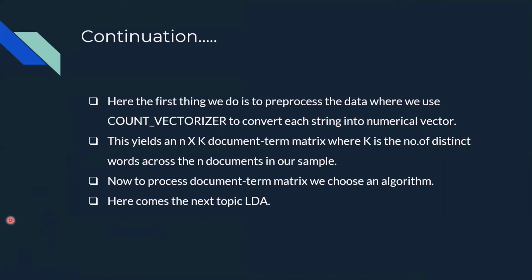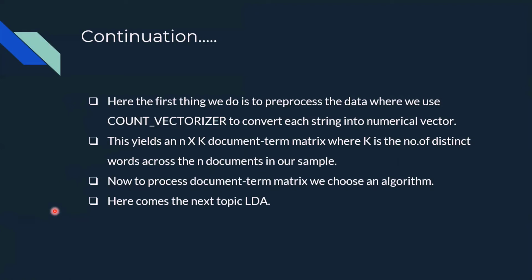First, we pre-process the data, where we use the count vectorizer to convert each string into a numerical vector. The count vectorizer yields an n cross k document-term matrix, where k is the number of distinct words across the n documents in our sample.